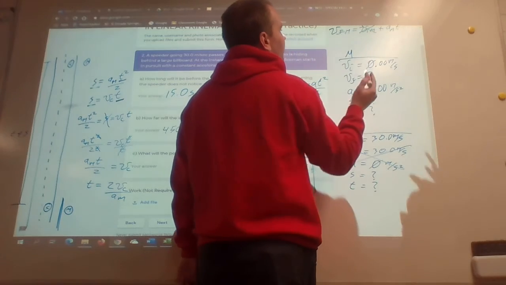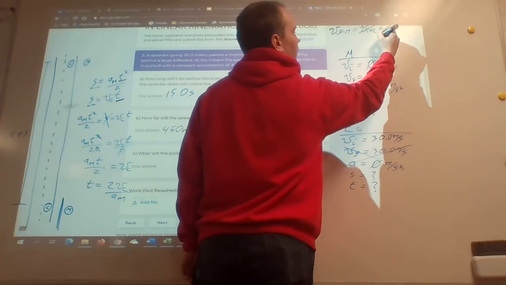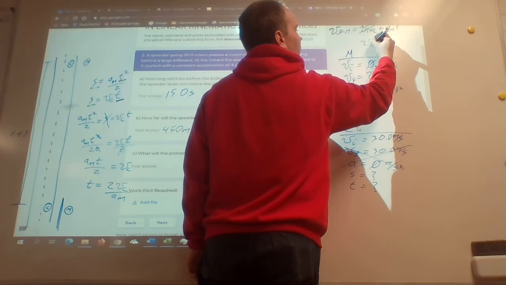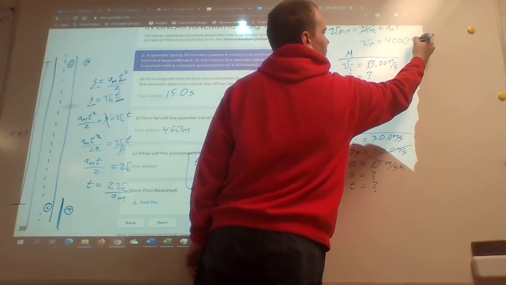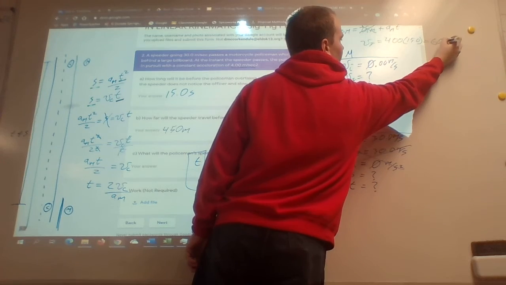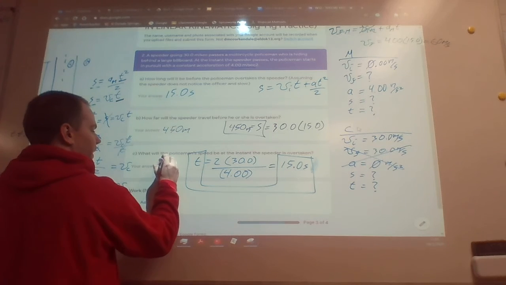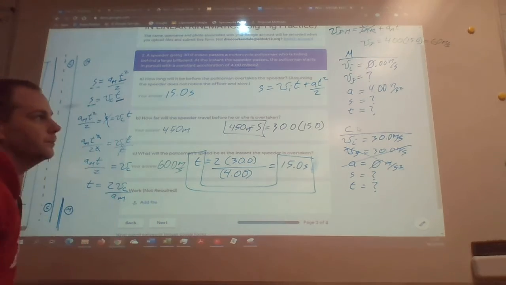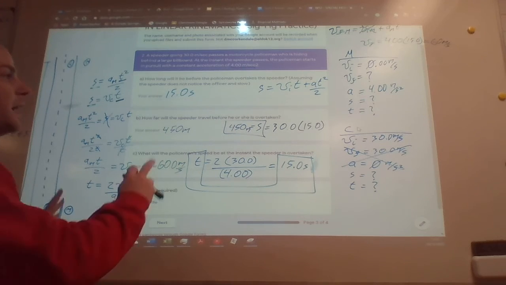So 15 times 4, the final velocity is going to be, well, I'll write this out. VF equals 4.00 times 15.0. So that is going to be 60 meters per second. So C would be 60.0 meters per second.